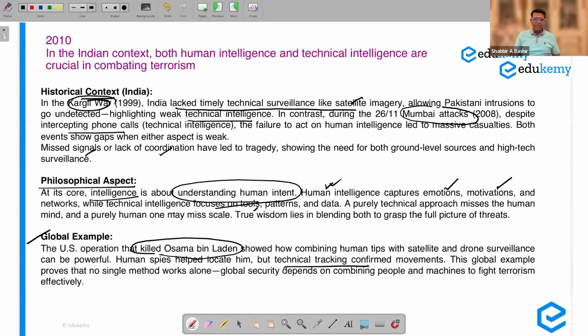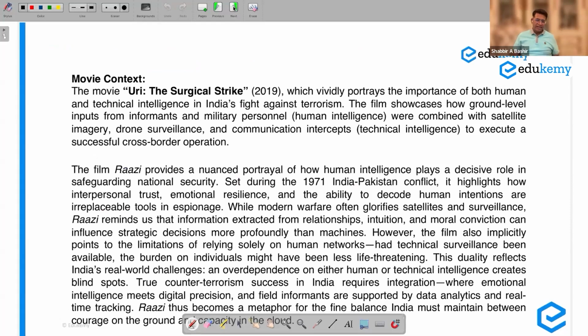So in terrorism interventions, no one single technique will work. I've taken a movie, Uri: The Surgical Strike, and a movie called Raazi. Again, pause this particular slide and read it.